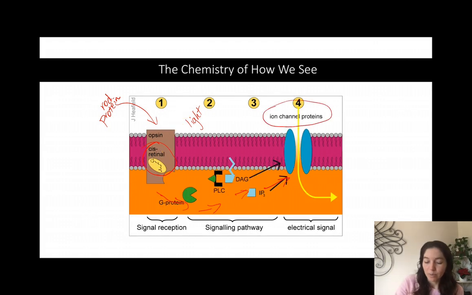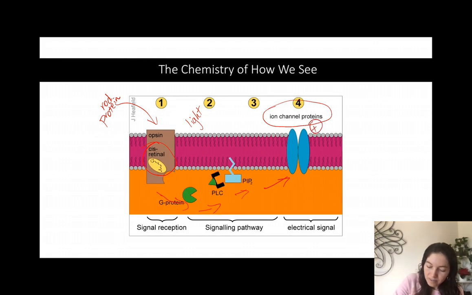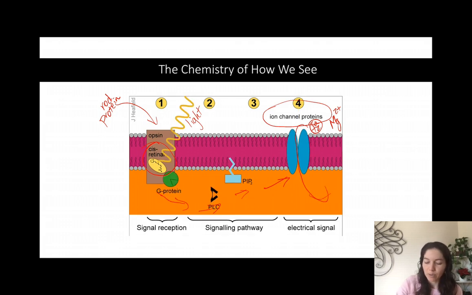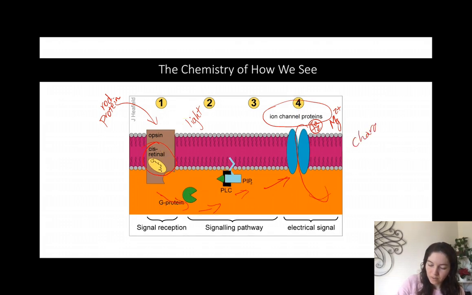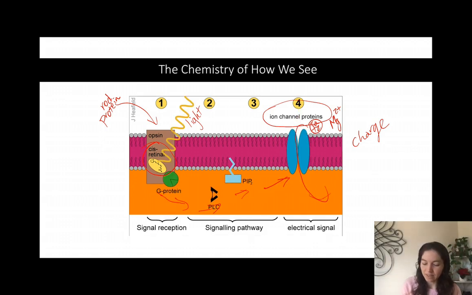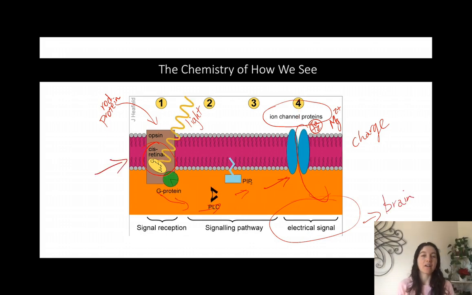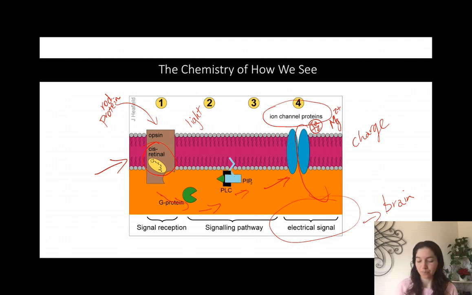Ion channels let things like calcium and magnesium 2+ ions go through. And when these go through, they produce a charge, because the positive is moving from one side to the other. And that gives us our electrical signal, which then goes to our brain and says, hey, this rod over here has intercepted light.